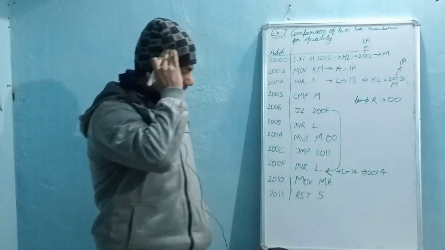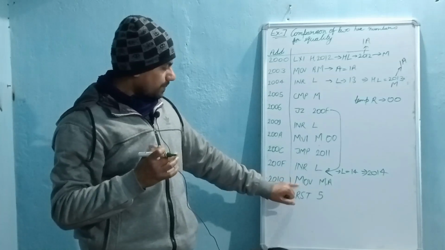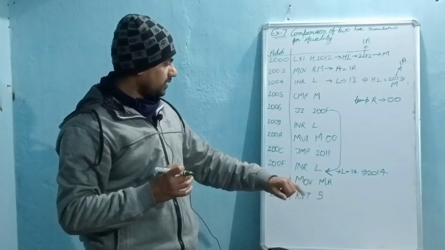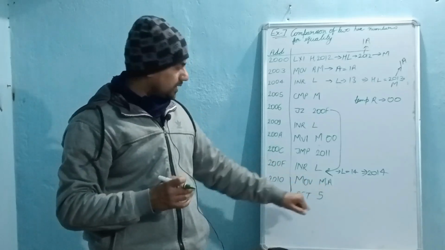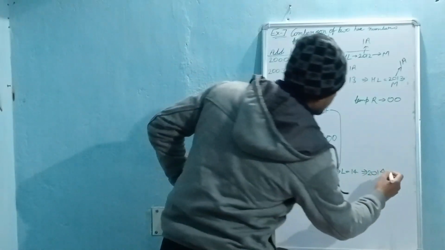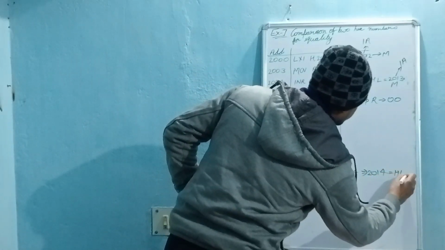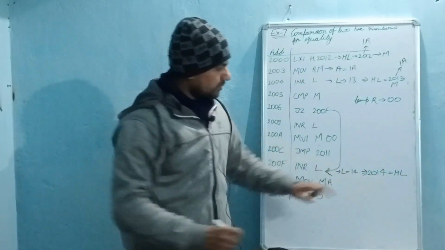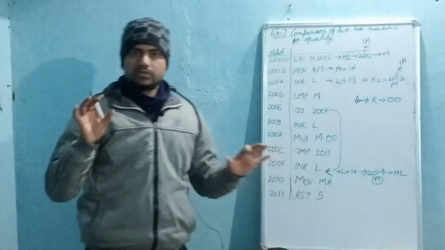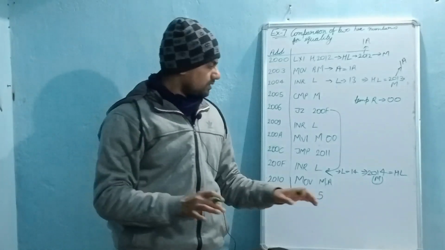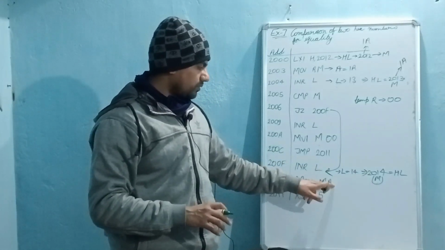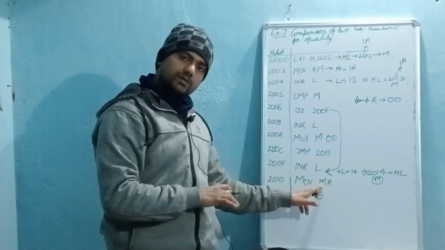Okay. Then the next one given is MOV M, A. MOV M, A means moving the content of the accumulator to the memory. So here the memory, this one is HL. This will act as memory because this address is stored in the HL register. So MOV M, A moves the content of the accumulator to the memory.